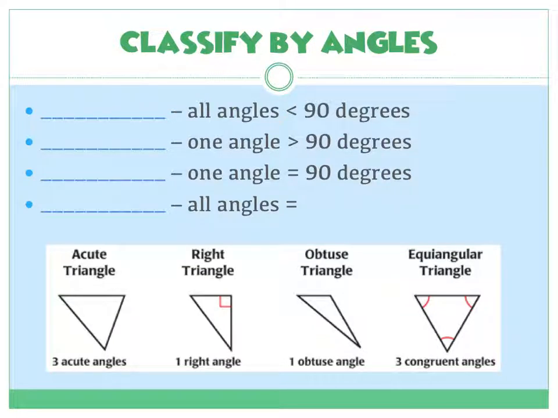We can classify triangles two ways. One way is by the angles. So a triangle where all angles are less than 90 degrees is called an acute triangle.